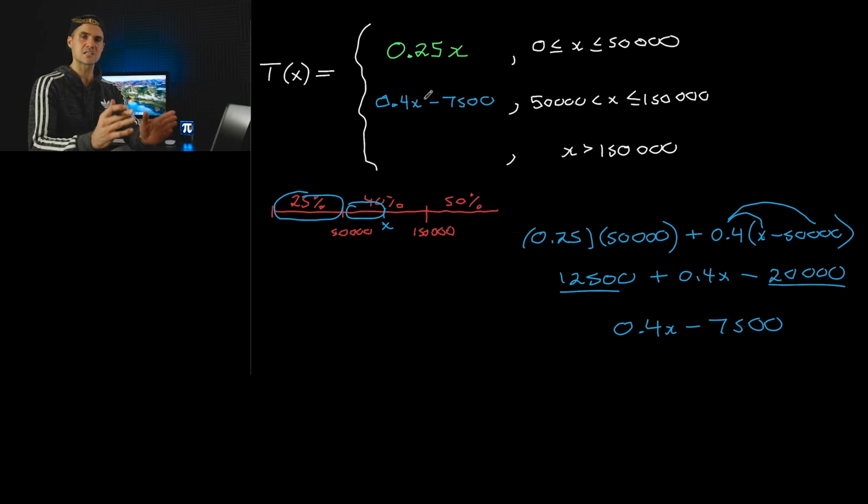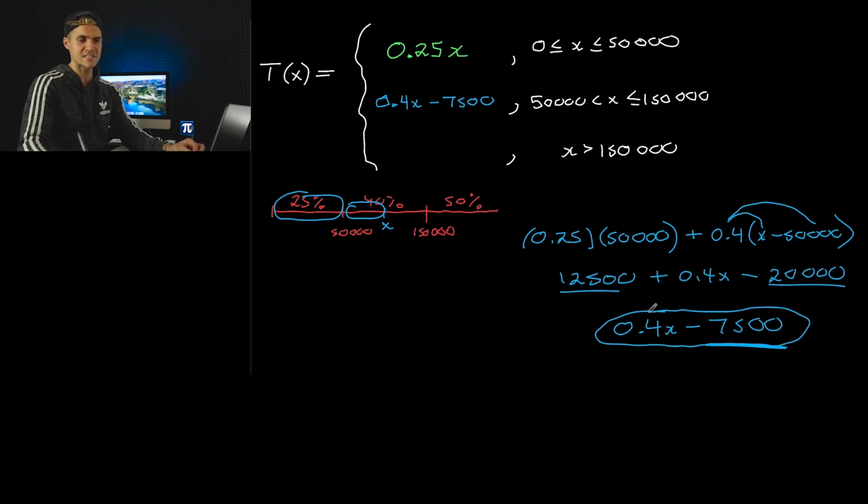And I mentioned this in a previous word problem when we were dealing with the phone bill question. This 7,500, you don't want to try to intuitively figure out what's going on with this simplified function, okay? Because it doesn't really make sense according to the scenario, right? There's no 7,500 floating around in the word problem. So when you look at this only, you might get confused. What you want to look at is this part, right?